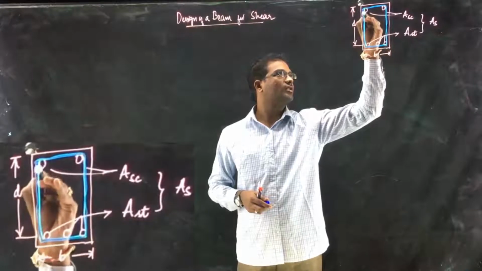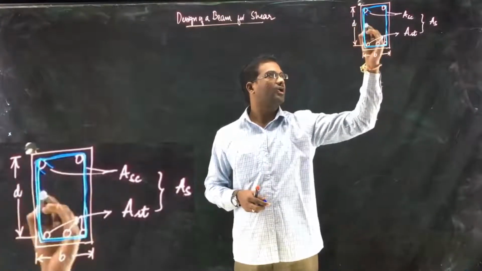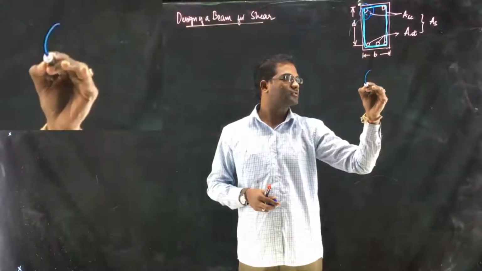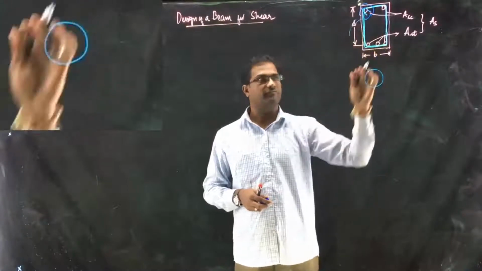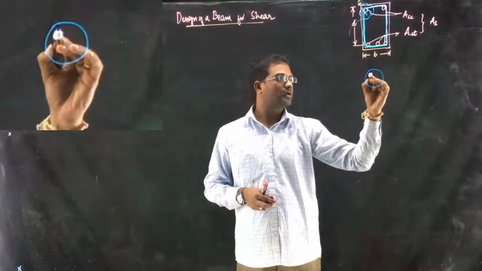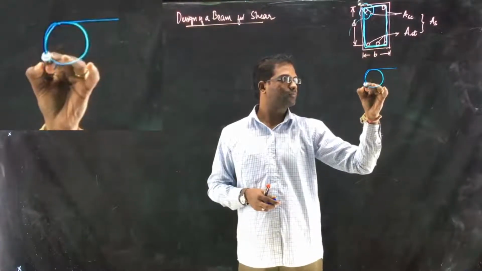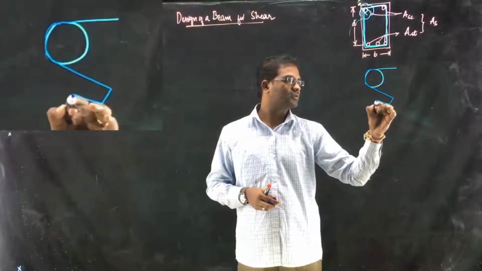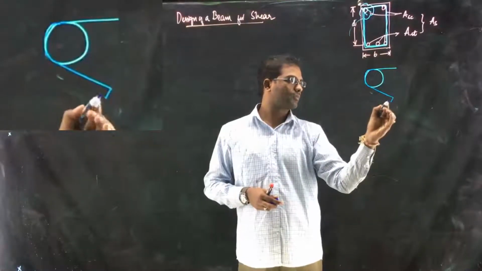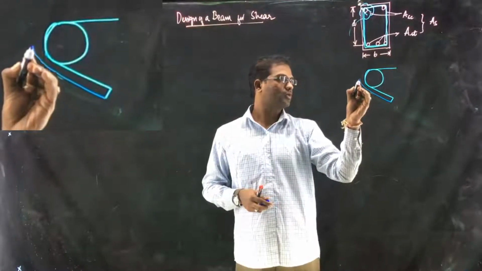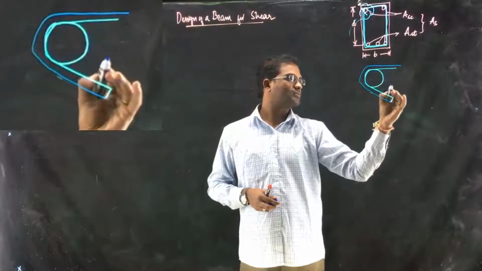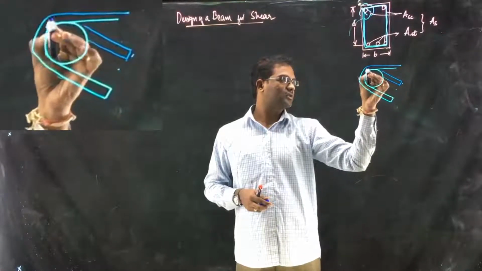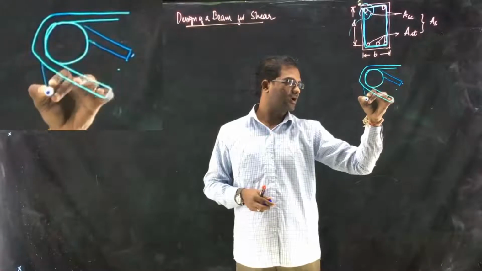This is rotated and tied to one of the bars. If you zoom in, this is the main bar, and your stirrup will come and be rotated 135 degrees around the bar, and the same 135 degrees is rotated in the back side of it.